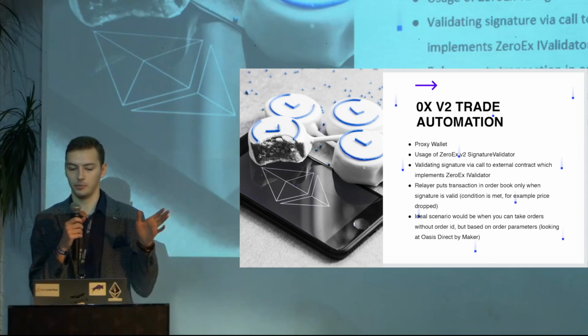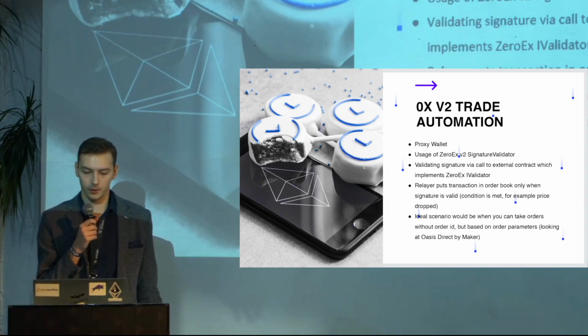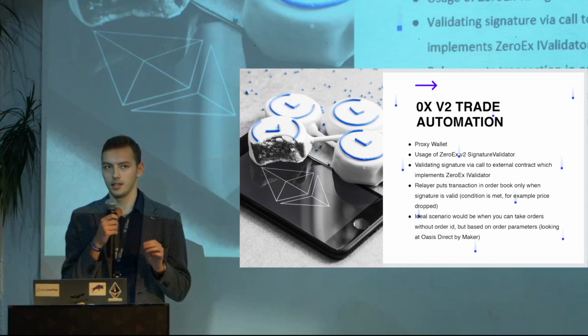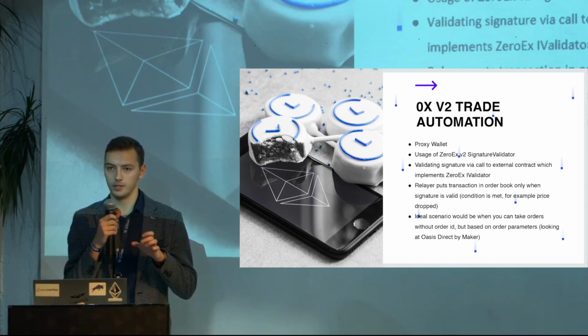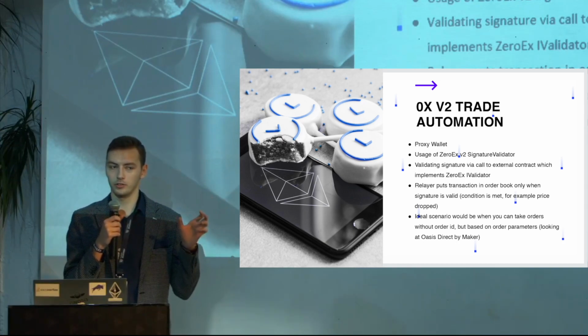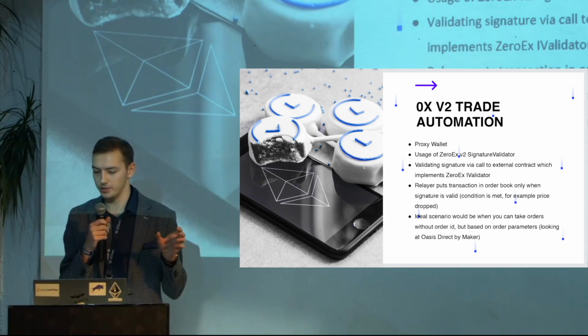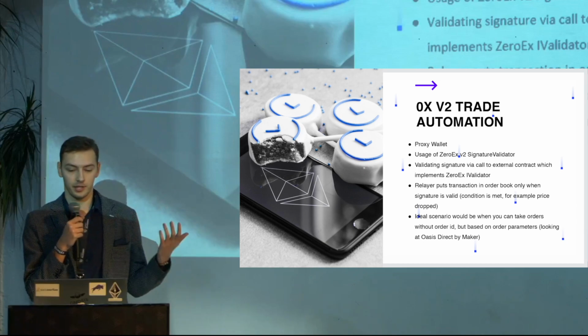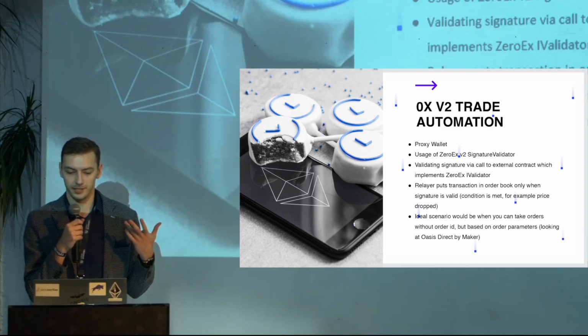It needs to be signed by you, right? So 0x in version 2 allows for signing this via a call to an external approved contract, which is really interesting, because you can do stuff like decentralized stop loss, basically.